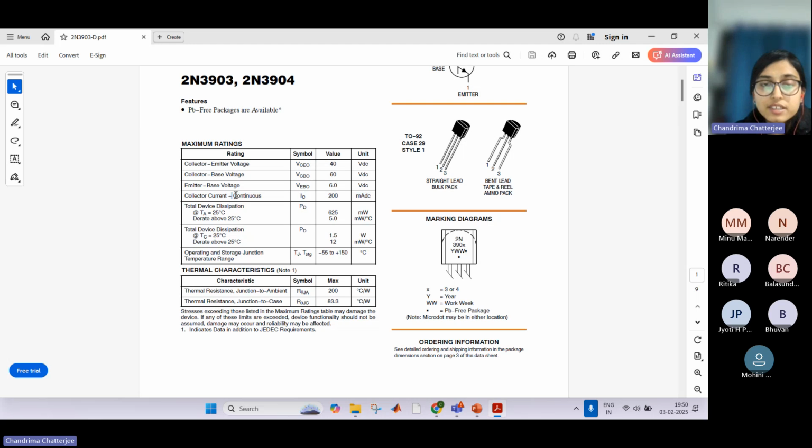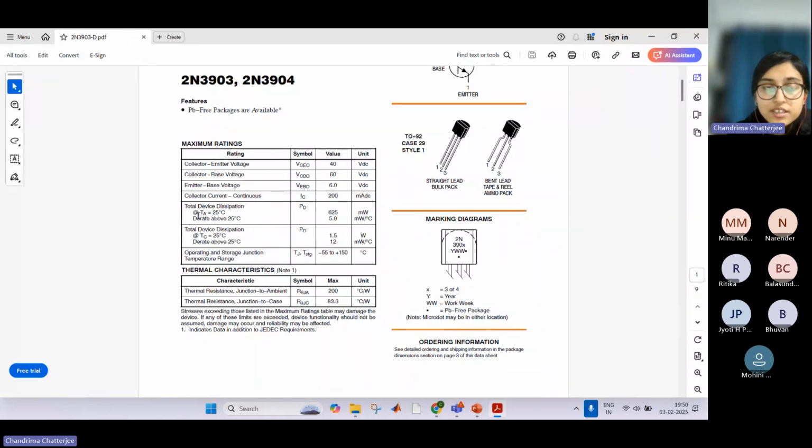Next, we have the collector current, which is 200 milliampere DC. This is the maximum continuous collector current, meaning the continuous DC current flowing through the device when it is on. The maximum rating is 200 milliampere.